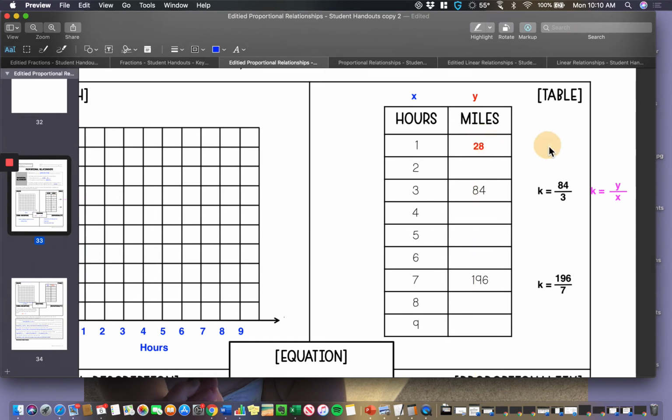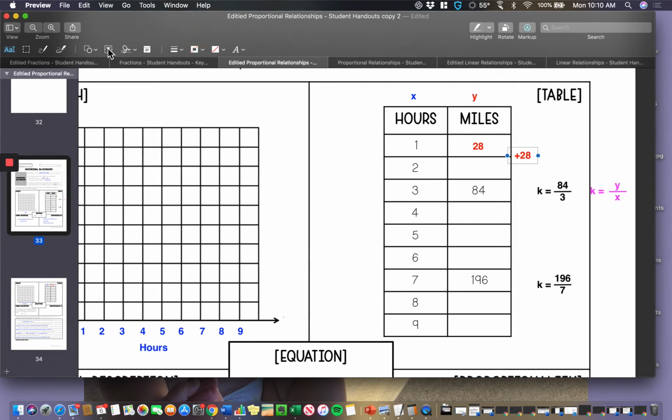Now, you could add 28 to the previous number. So if I took 28 plus 28, I'm going to get an answer of 56 for 2 miles, because it's 28 for the first mile and 28 for the second mile, giving me a total of 56 miles in 2 hours.